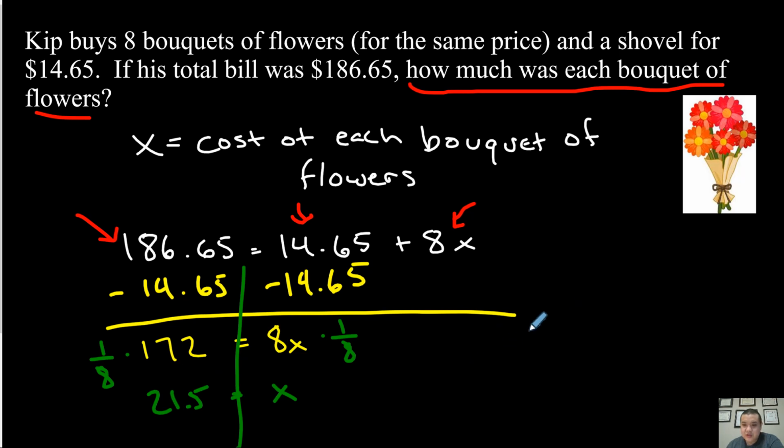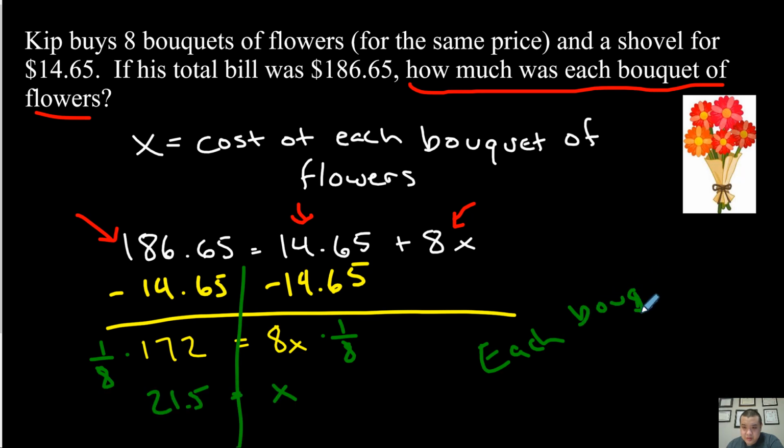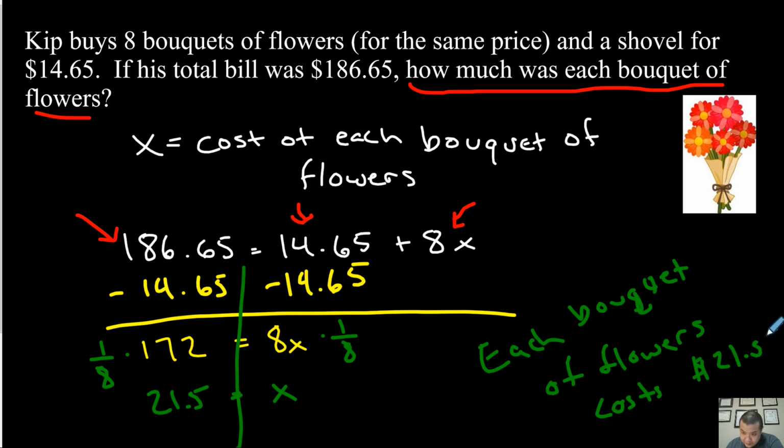So therefore, each bouquet, spelled with a Q, of flowers costs $21.50.